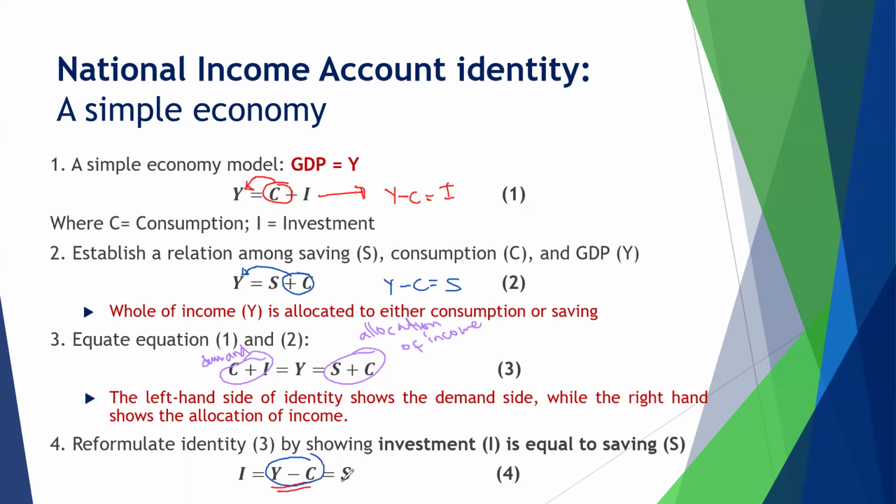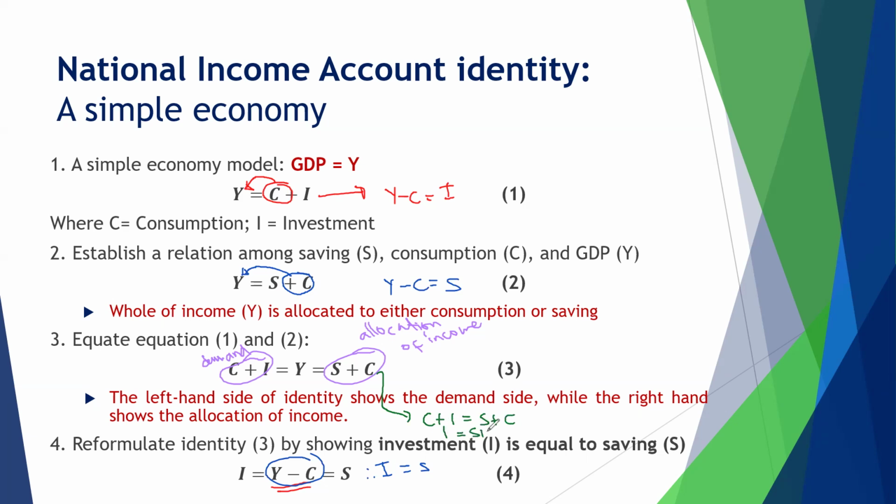So here, we can now say that investment is equivalent to savings. Another formula, considering these three, you just simply have C plus I is equivalent to S plus C. You are going to isolate I here, for example.